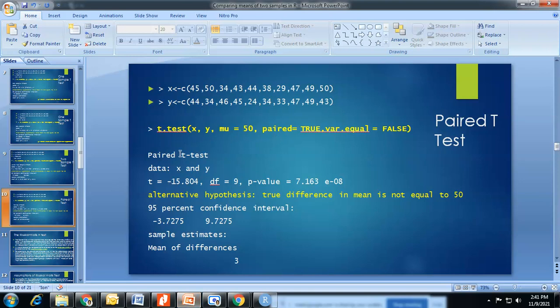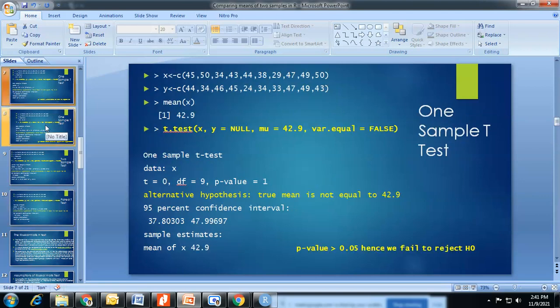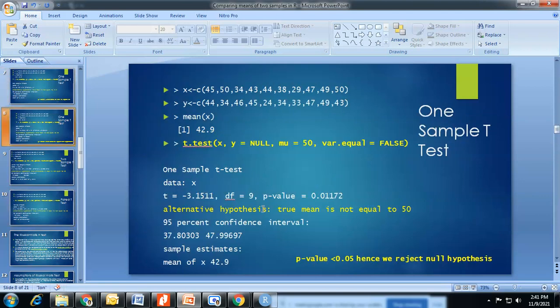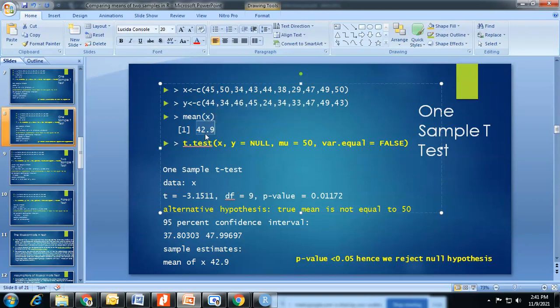Okay, now this is one more test. In the previous example, the mean we calculated for x was 42.9, right?